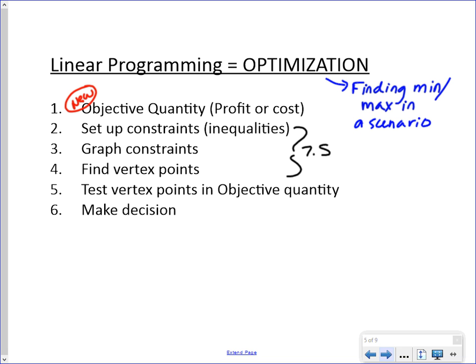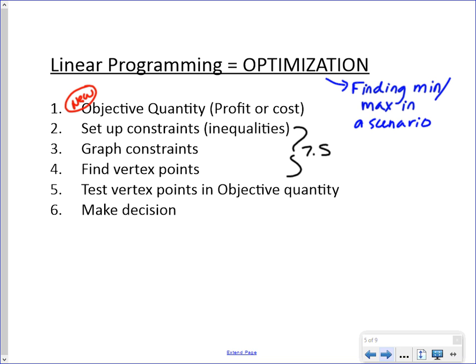And so you'll be able to make the decision. When I plug this point in, my objective function is the highest value it ever gets. That's my maximum. And you might be able to pick out a minimum. That's how you find the max or min of the objective function. The objective function will really make more sense when we get to the third example and we apply it to a real problem.